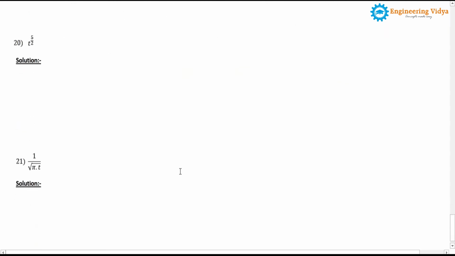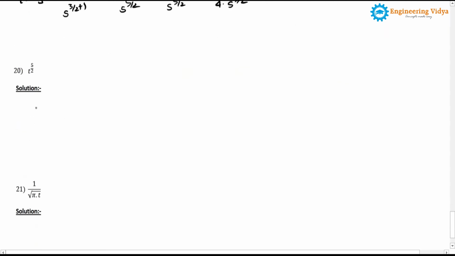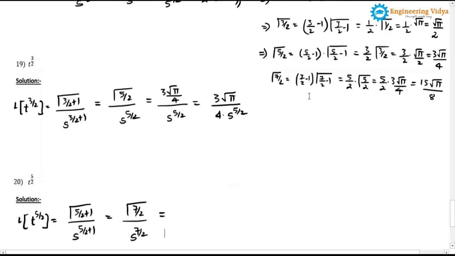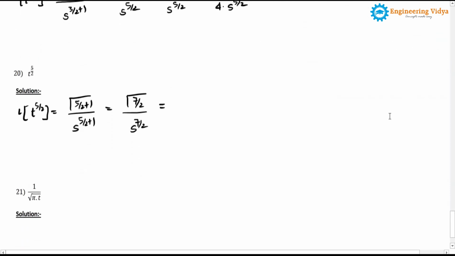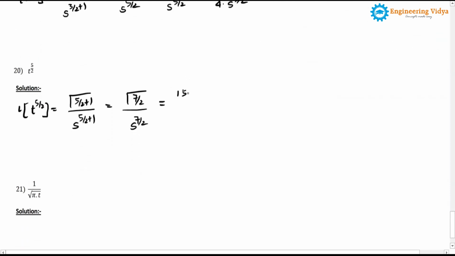Now in a similar way we can calculate the value of t raised to 5 by 2 also, right? Laplace transform of t raised to 5 by 2. So gamma of 5 by 2 plus 1 upon s raised to 5 by 2 plus 1, and here it will be gamma of 7 by 2 upon s raised to 7 by 2, and gamma of 7 by 2 has been already calculated, and it is nothing but 15 square root of pi divided by 8. 15 square root of pi divided by 8 upon s raised to 7 by 2.